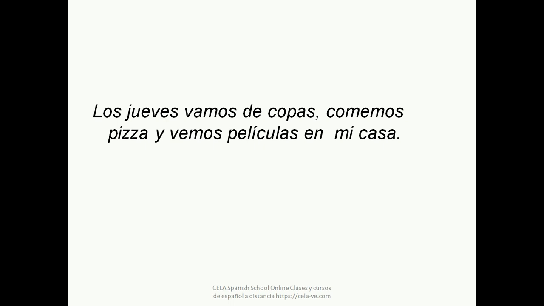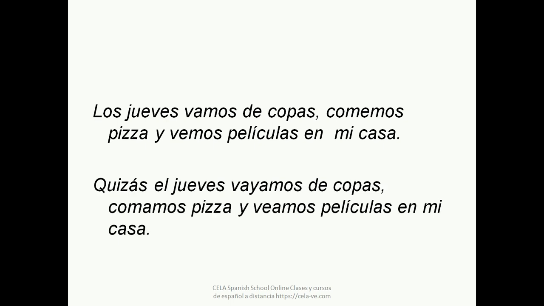Here we have several single sentences. We are talking about actions that we usually do on Thursday. The same sentence with quizás. Quizás el jueves vayamos de copas, comamos pizza y veamos películas en mi casa. Here we are talking about actions that we expect to do together.